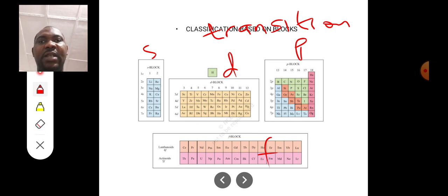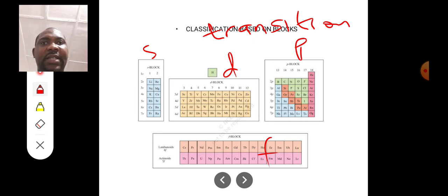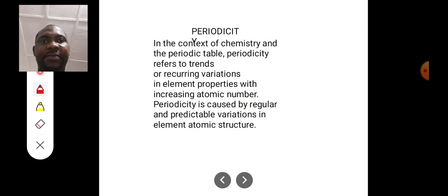The F block elements are also called lanthanides and actinides, and that is where you have all of those elements as written in the diagram. So that is classification based on blocks. We have S block, P block, D block, and F block elements, and I've shown you how to know the difference.